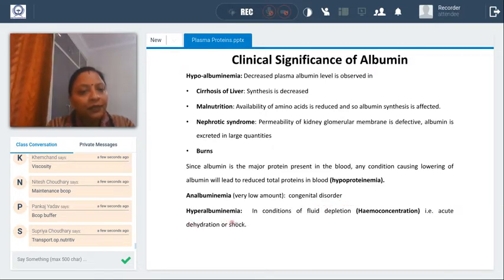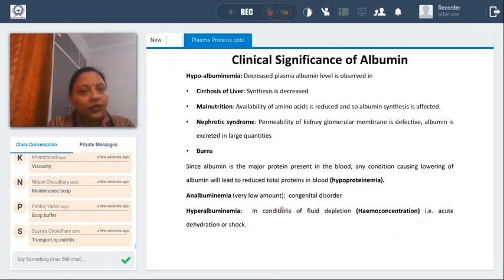And hyperalbuminemia is an increase in plasma albumin concentration. This condition is present in fluid depletion, or we can say hemoconcentration, that is acute dehydration or shock. So in the case of acute dehydration or shock, hemoconcentration and hyperalbuminemia are present because there is fluid depletion.